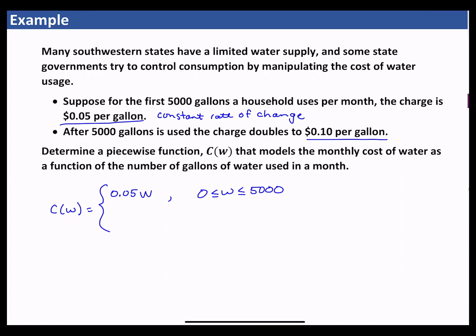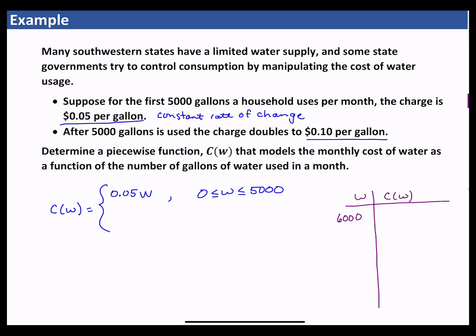Let's actually make a table to see what's going to happen. So after 5,000 gallons are used, the charge doubles. So we'll look at W, the amount of water used in gallons, and what the cost would be. Let's suppose a family used 6,000 gallons of water.